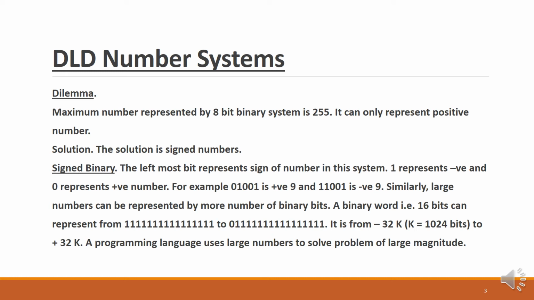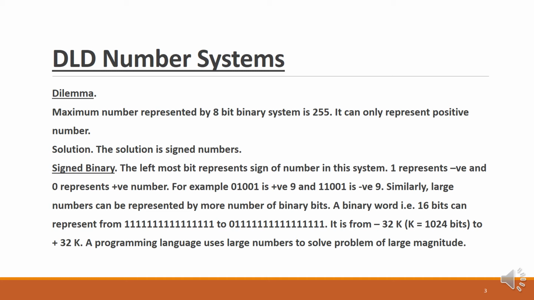Now a binary word, for example, 16 bits. Now it represents 1, 1, 1, 1, 1, 1, 1, 1, 16 ones. So obviously 15 ones, if you calculate, that is basically 32k. And I must add here that in our normal life, kilo is 1000, but in binary system, k or kilo is 1024. This is what you have to remember.